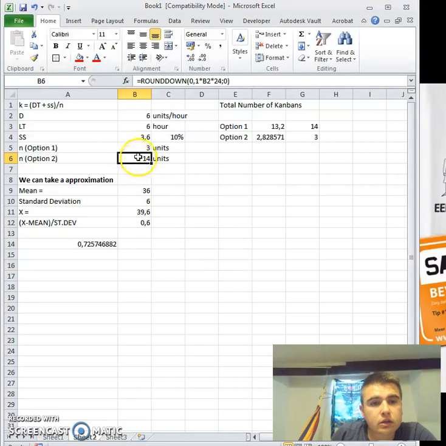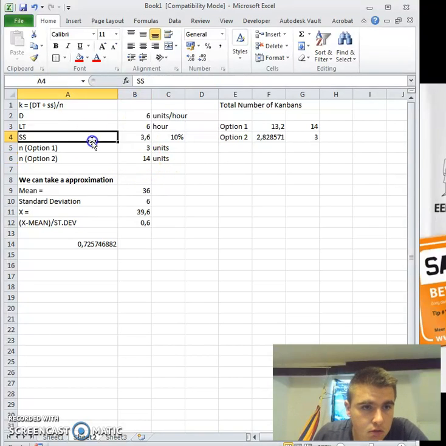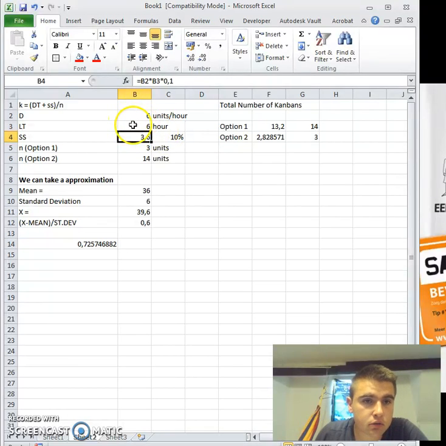So n can either be 3 units or 14 units, and I want to discuss both options because it doesn't really matter for the understanding of the formula and how it works. So here I have the data stated. The safety stock is 10% of 6 times 6, which is the demand during the lead time, 36.